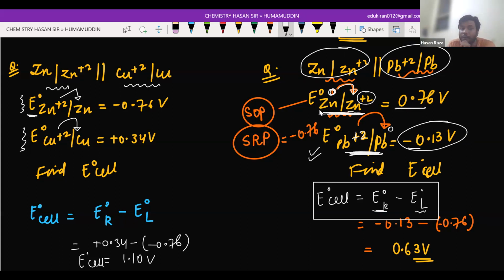So this is the value of standard oxidation potential. And as I told you, in this formula, we put only the value of reduction potential. So if a standard oxidation potential is plus 0.76 volt, then the standard reduction potential of this is minus 0.76. Okay, sir. So it's very easy.